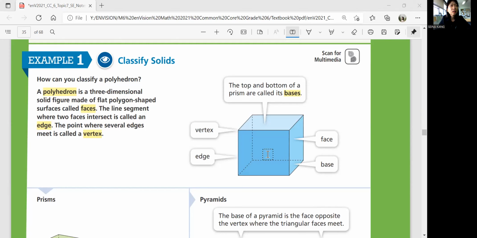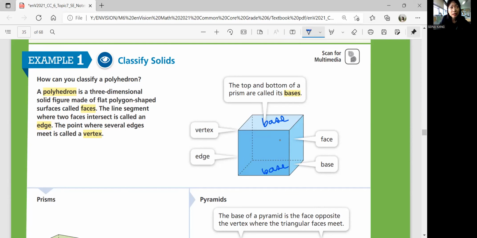Okay, these are faces. The line segment where 2 faces intersect is called an edge. The point where several edges meet is called a vertex. The top and bottom of a prism are called bases. So these are bases, top and bottom. Faces are the sides.